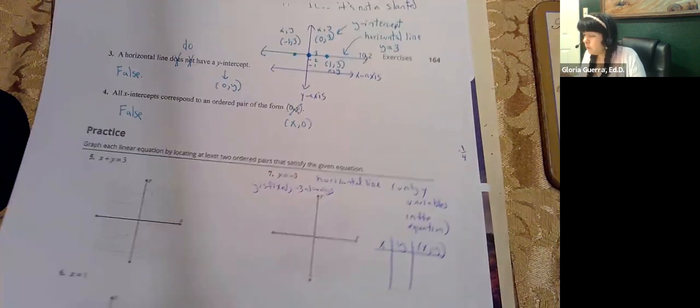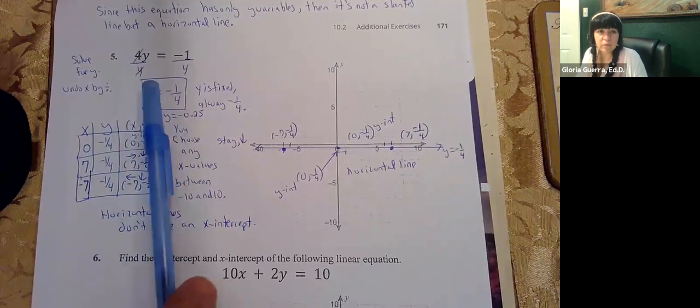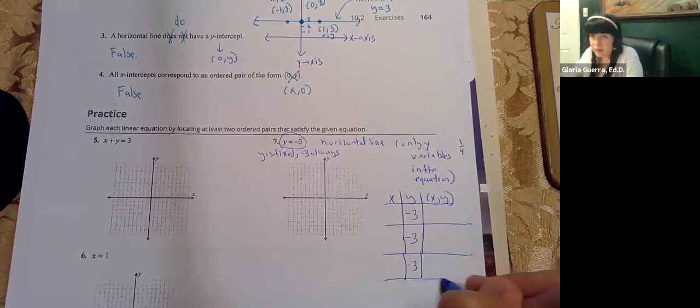On number 5, you had a little bit of algebra. You had to divide both sides by 4 to solve for y. But this one's already solved for y. Y is -3. So you need to make sure you put -3 in your table in the right spot.